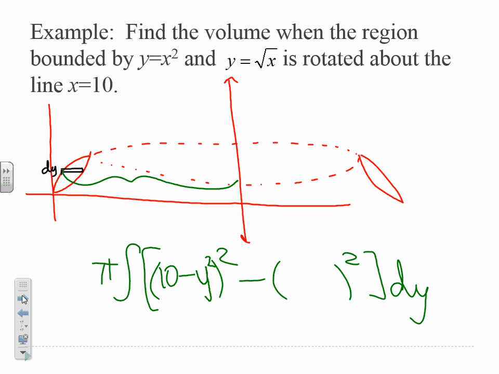And then our innermost, or smaller radius, from our axis of rotation to here would be 10 minus the square root of y. This would definitely be messy algebraically, don't you think? Doable? Yeah. But it wouldn't be fun.